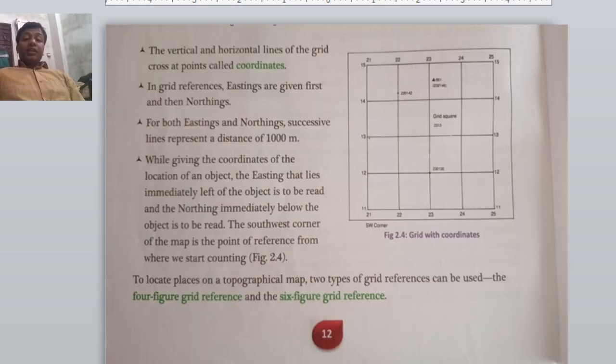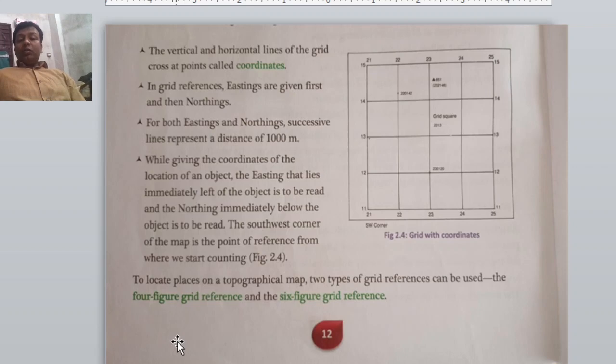Dear students, both easting and northing successive lines represent a distance of 1000 meters. While giving the coordinates location of an object, the easting that lies immediately left of the object is to be read, and the northing immediately below the object is to be read.